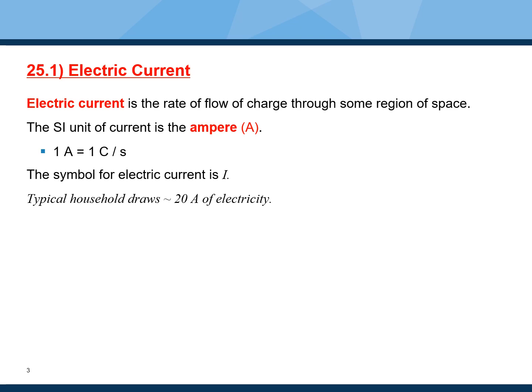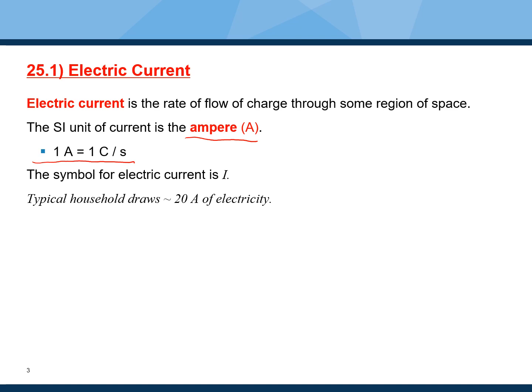And we can define a special unit for that concept, which is an ampere. So an ampere, in fact, measures the number of coulombs of charge flowing through a device or a wire in 1 second.